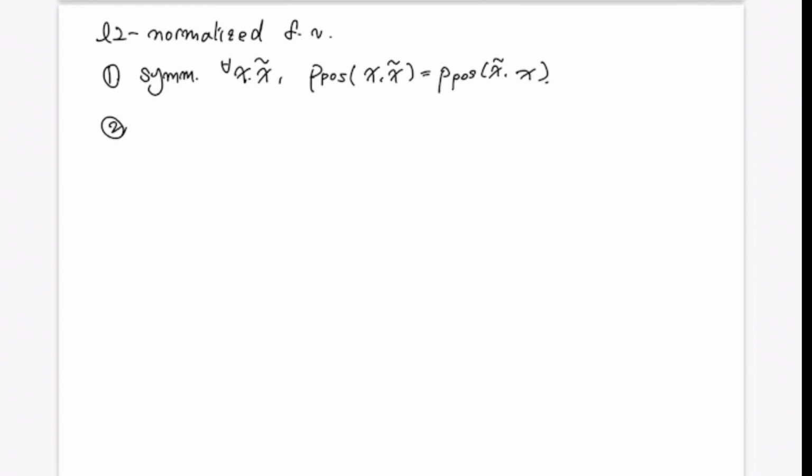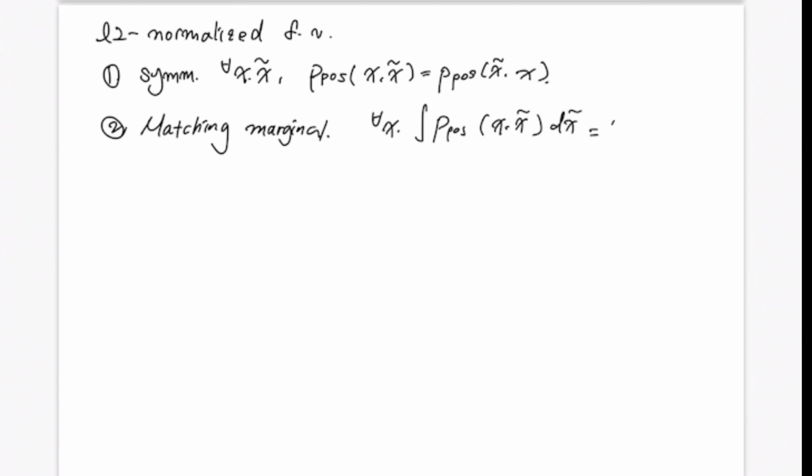And the second assumption is matching marginal. This one is for all x, integral of p pos(x, x tilde) with respect to x tilde is equal to p theta(x). So this is the assumption of matching marginal.